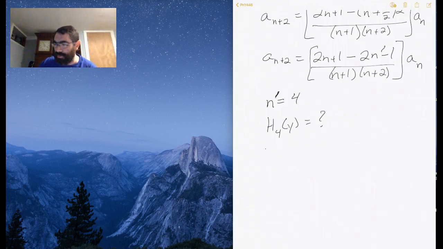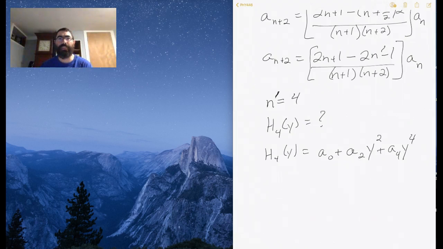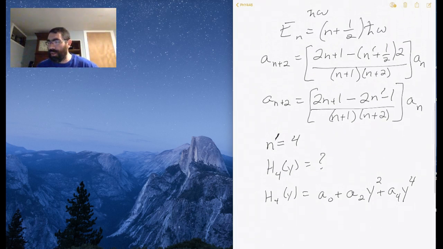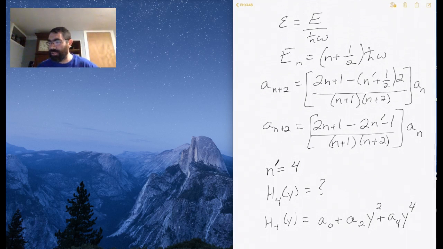Well, in this case, we need a sub 0 plus a sub 2 y squared plus a sub 4 y to the fourth, and then we stop right there. Because if we went any higher, it would go past this cutoff that we've created according to the energy.